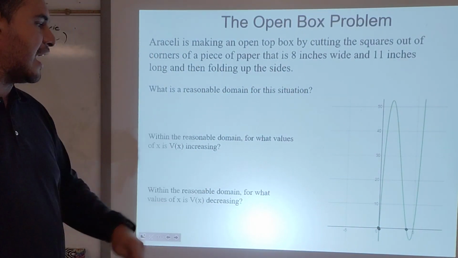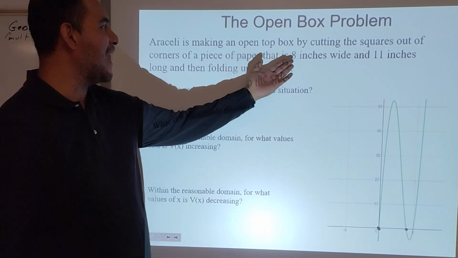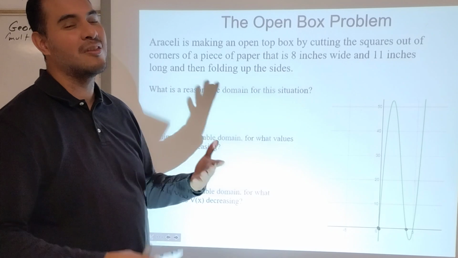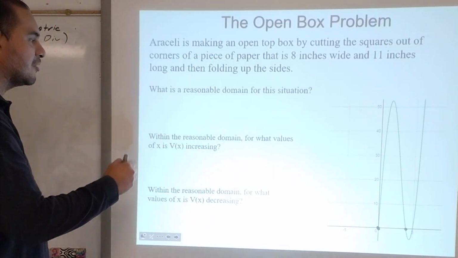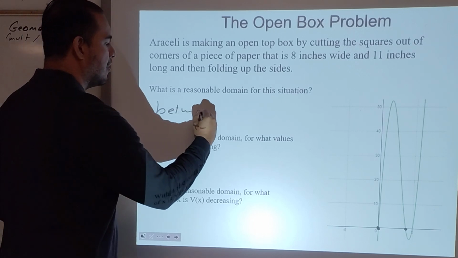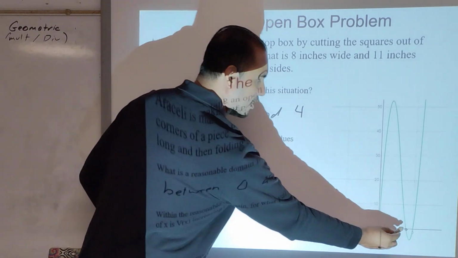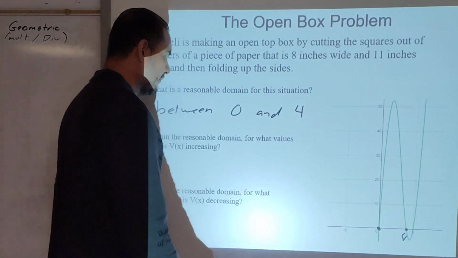That maximum cut that I can make is 4, right? Because the width of the paper is 8 inches, so the most I can cut is 4 inches. So the reasonable cut is between 0 and 4. And that matches up with the other x coordinate here, that would be 4.